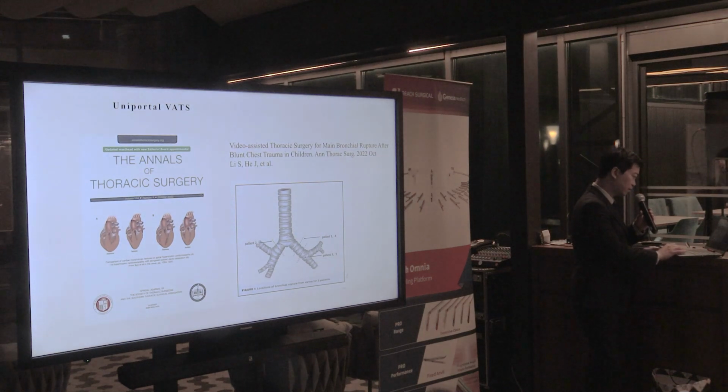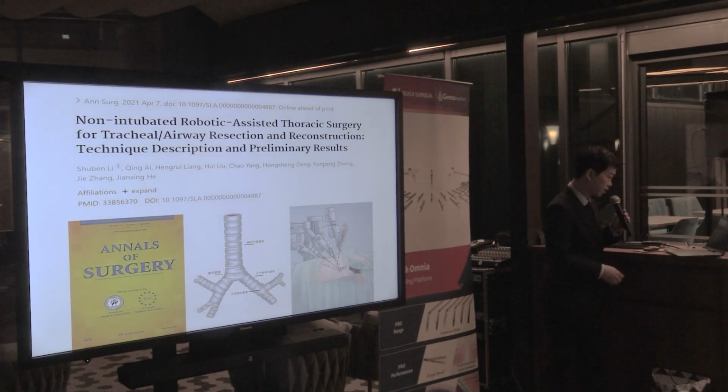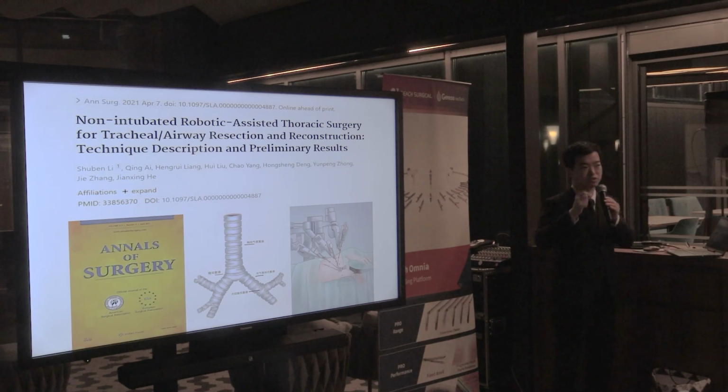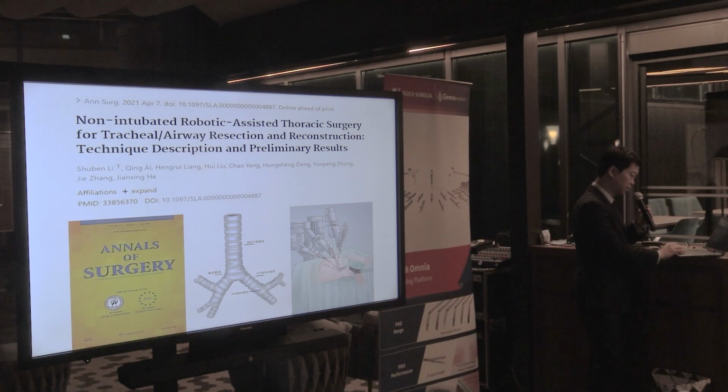And we can also complete the Uniportal VATS for pediatric trauma, because minimally invasive surgery is important for the children. And in 2021, we published the non-intubated robotic assisted thoracic surgery for tracheal or carinal reconstruction. And also, we use the drawing to share the experience in our center. This is the drawing.